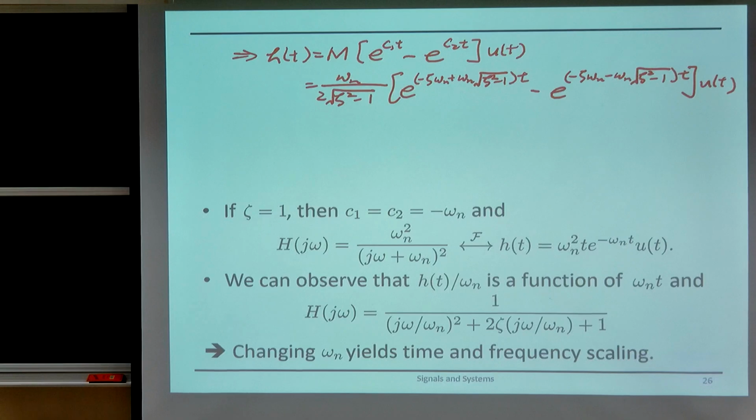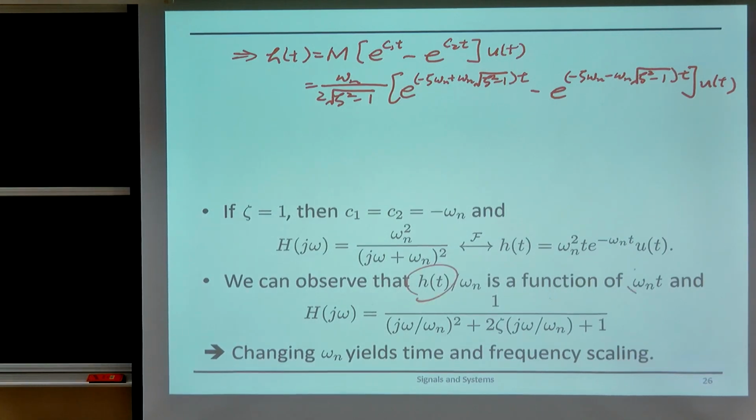Okay, so you can see that h of t is a function of omega nt, and this frequency response is a function of omega over omega n.